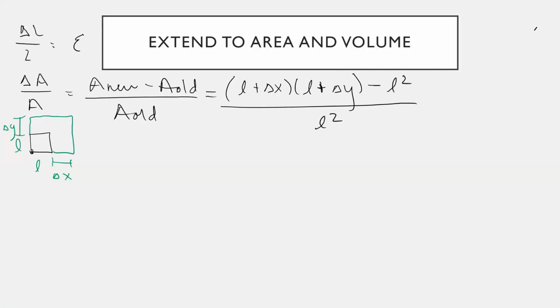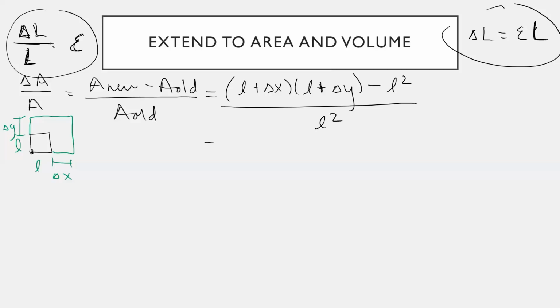So this change in length, we can say that's equal to the strain times the initial length, right? Because if I have the change in length over initial length equal to strain, I can rewrite that as the change in length equal to strain times the initial length. I can just rewrite this equation like that.